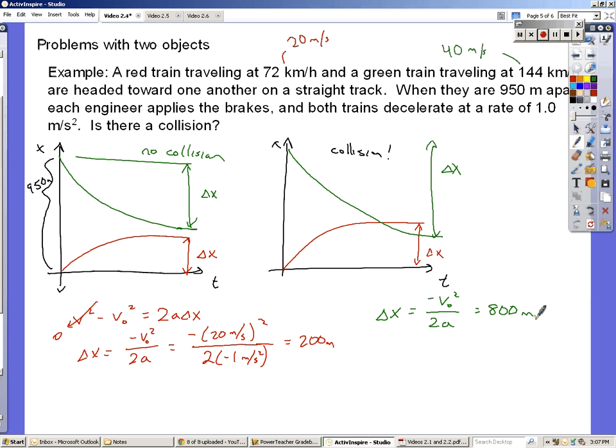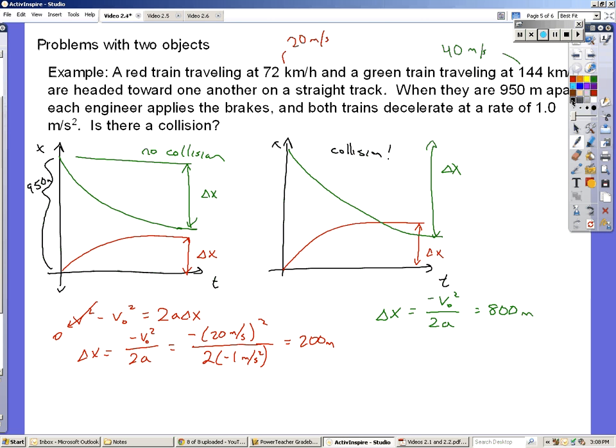But the other way we can think about it is, delta x is proportional to v squared. So if you double v naught, you're going to quadruple the stopping distance, and so 200 times 4 is 800.